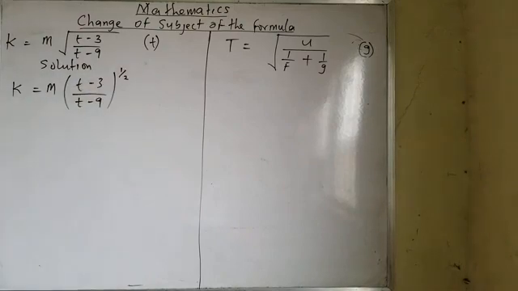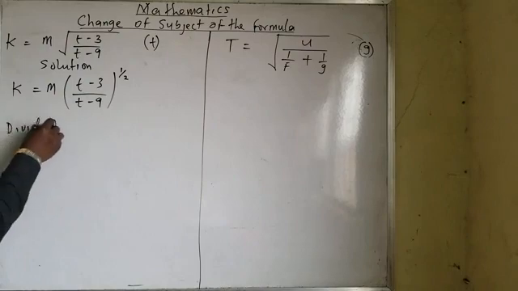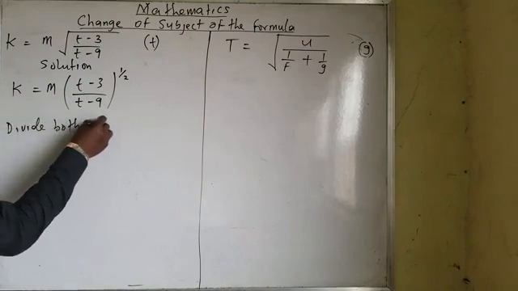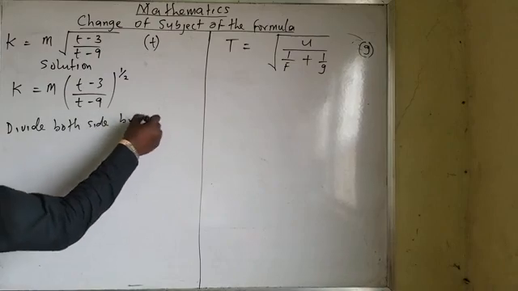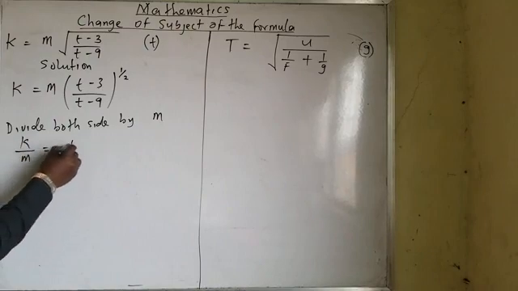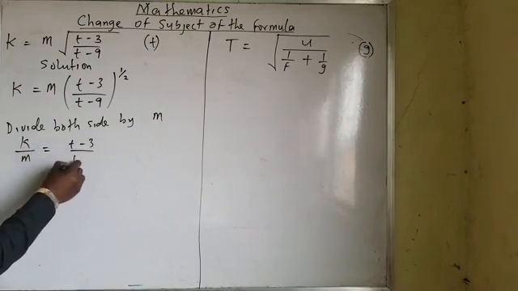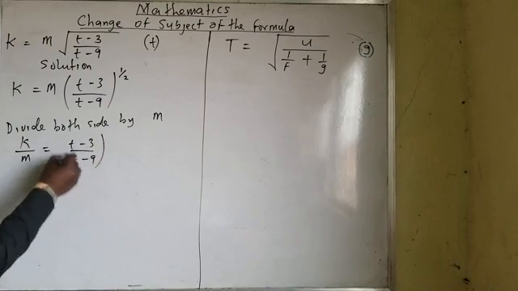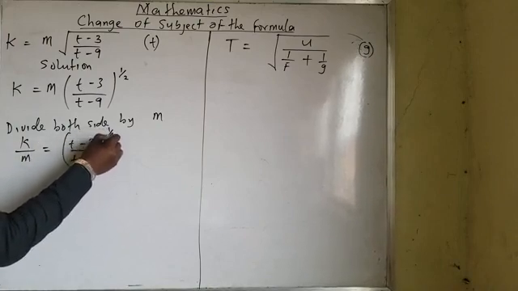I think, yes, I can divide both sides by M. Now, it means K over M equals (T minus 3 divided by T minus 9) to the power of 1 over 2.